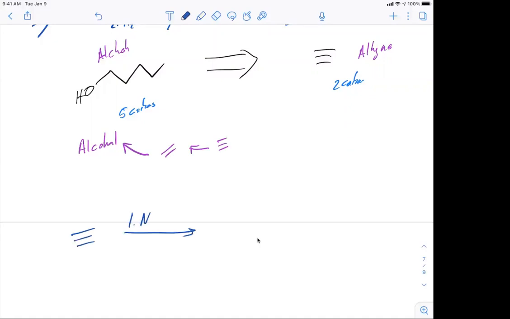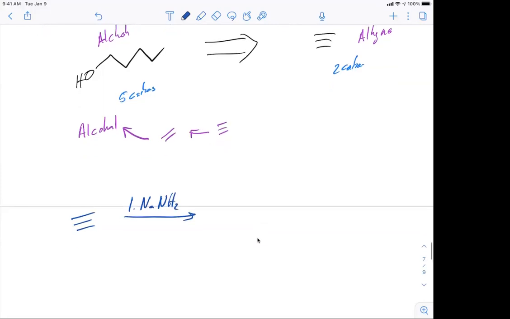Okay, so if we look at this synthesis, then we can start with our triple bond. We're going to add the base, right, to form the acetylide, and then we need 3 carbons. So I'm going to add a 3 carbon with a good leaving group. The bromide's fine. That gives us the base carbon structure. So now we have our carbon structure. Then I can reduce this, and I can use hydrogen with Lindlar's catalyst.